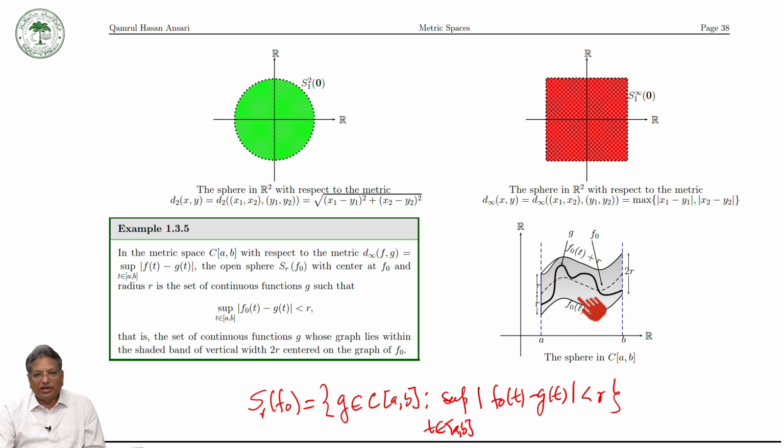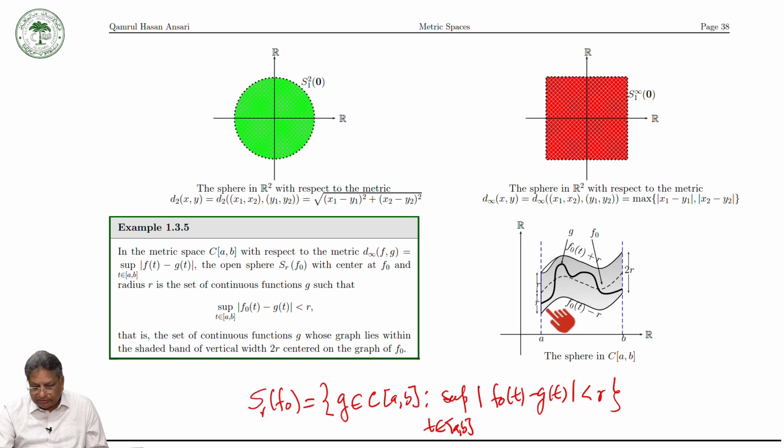So that is the shape of the open sphere. Open sphere means that we are not including this one and this one. If we include them, then it is the closed ball.